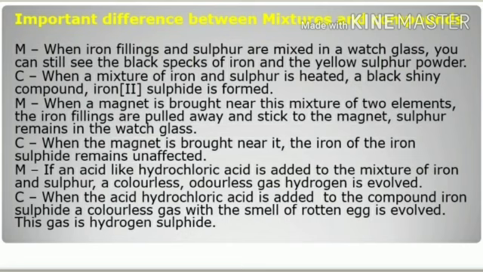Mixtures do not have sharp melting and boiling points, whereas compounds possess sharp melting and boiling points. And in case of the mixture, formation of a mixture is not accompanied by energy changes, but in case of the compound, usually compound formation is accompanied by energy change in the form of heat, light, etc.